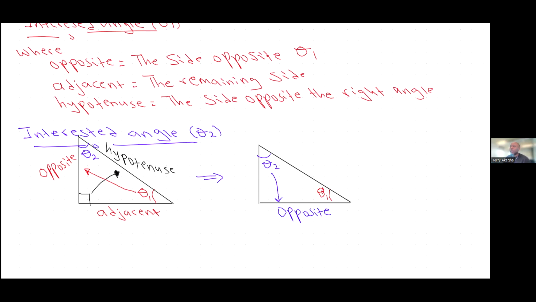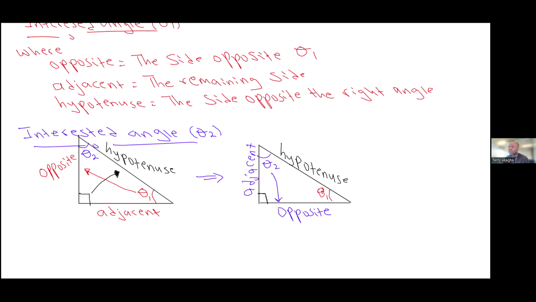Now, we already agreed that this is the adjacent, or the right, if this was the right angle, for instance, this is going to be the hypotenuse. So that means the adjacent is going to be the remaining side. Okay? So in this example, we can see that the opposite for theta 2, when theta 2 is what you're interested in, is not going to be the same opposite for theta 1.